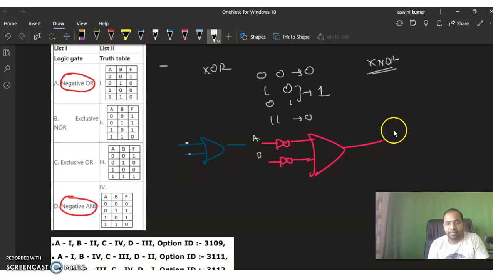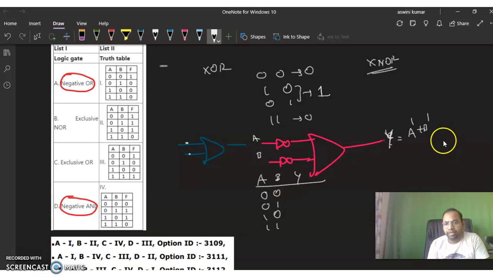Let's take A and B here, and Y here. Now Y becomes equal to A bar plus B bar. So from this expression you can get the truth table. A and B are 00, 01, 10, 11. Now substitute here. If A and B both are 0 0, then Y you will get as 1.